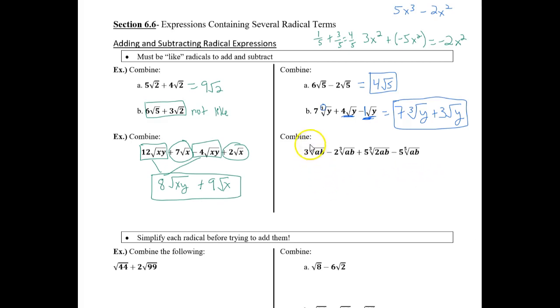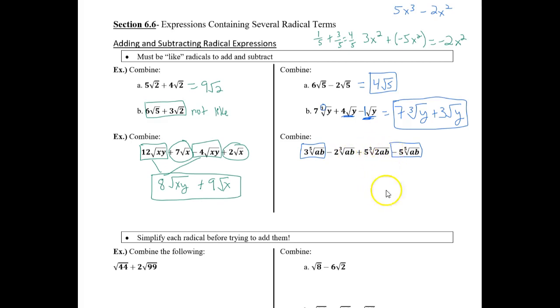The next one, I have the fifth root of AB, a cube root of AB, cube root of 2AB, and a fifth root of AB. So looking at that, I see fifth root of AB here, and a fifth root of AB here, and the cube roots are not the same. One has a cube root of just AB, and the other one has a cube root of 2AB.